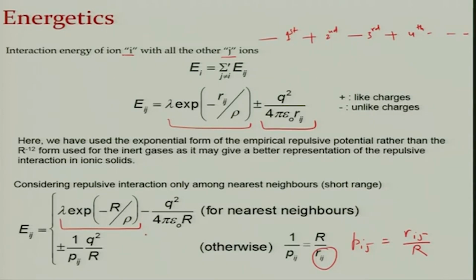So, essentially it is nothing but q square divided by, if you just replace Pij, then it becomes Rij, right. It is nothing but q square divided by Rij, but it is just that Pij is a multiple or sort of integer that you have.